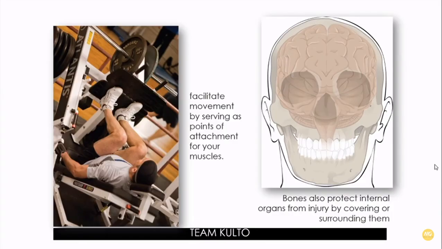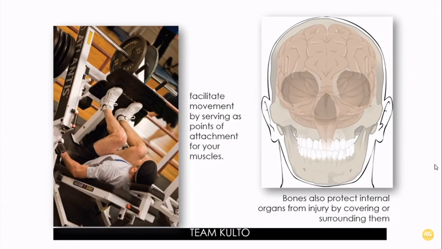Bones also facilitate movement by serving as points of attachment for your muscles, while some bones only serve as support for the muscle. Others also transmit the forces produced when the muscle contracts. From a mechanical point of view, bones act as levers, and joints serve as fulcrums.